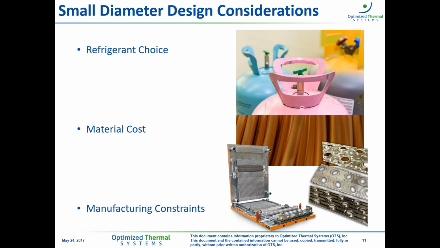We need to keep in mind that there are limitations on the bend radii for hairpins and U-bends, and limitations for the minimum and maximum spacing between fins. All of these need to be factored in when we come up with a heat exchanger design. And these constraints may be new to us if we haven't designed with 5mm tubes before.